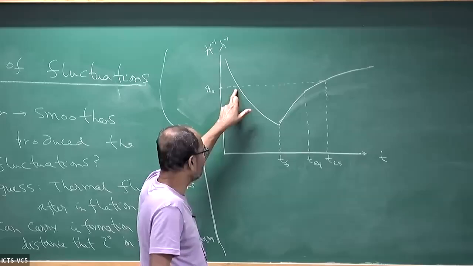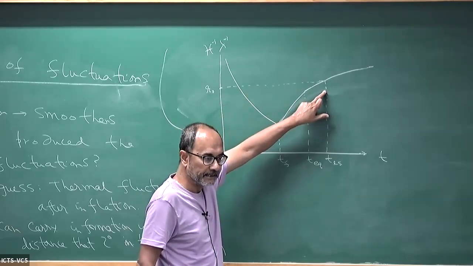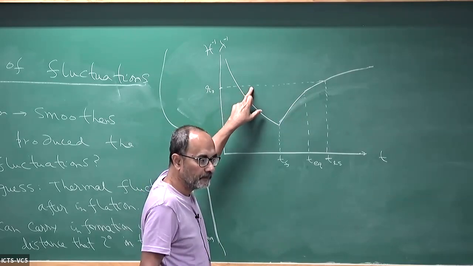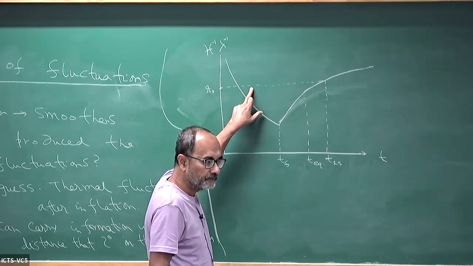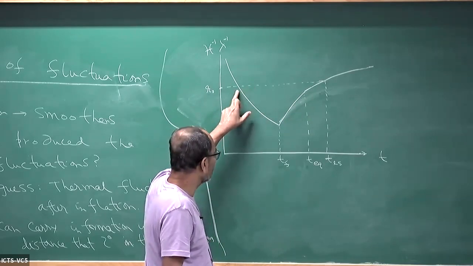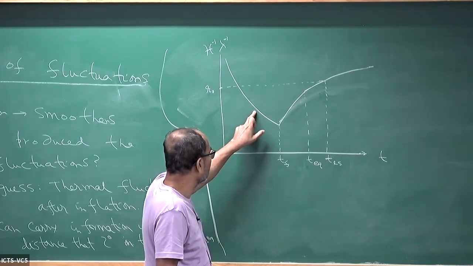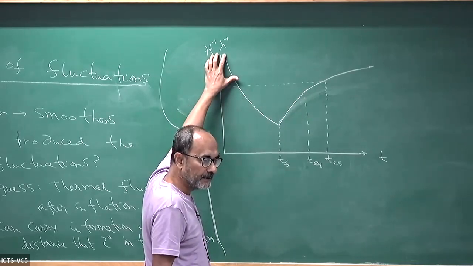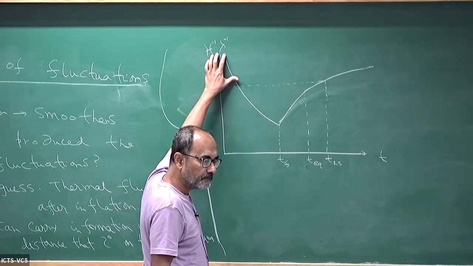What is special about this region between this and this? That H inverse lambda inverse is below R naught, which means that the fluctuations at a given point affect scale up to H inverse lambda inverse. Okay.